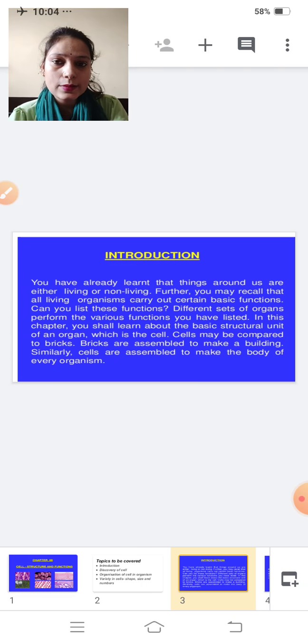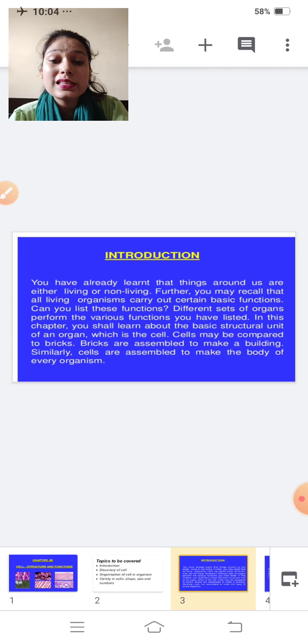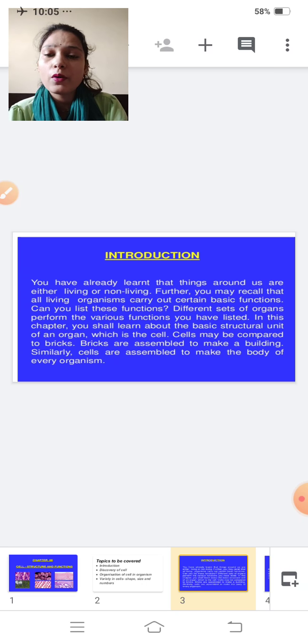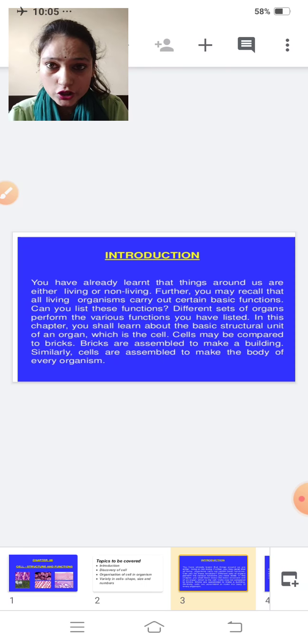Can you list these functions? Different sets of organs perform the various functions you have listed. That means with the help of your hand you can eat and write, but with the help of your leg you cannot eat and write. Each and every organ has its specific function.